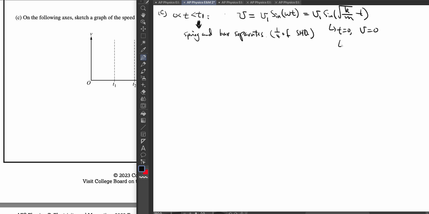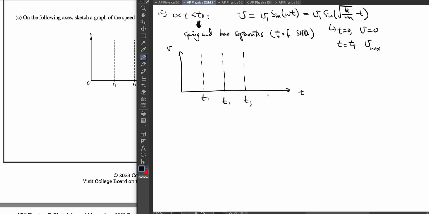And when we go to t1, the velocity should be maximum. So for this part, we should draw a sine function starting from 0, ending at this t1 here.